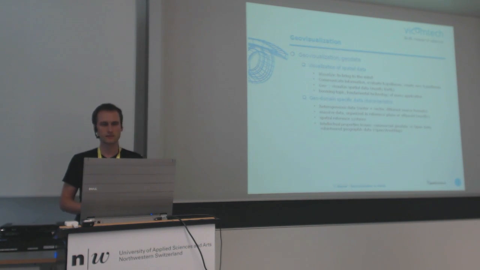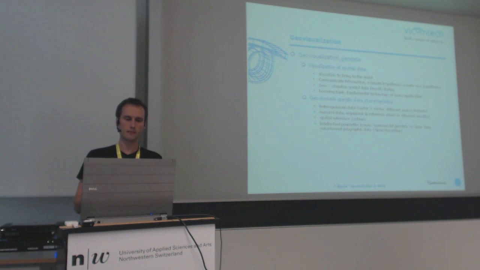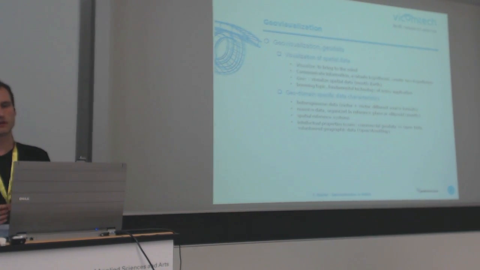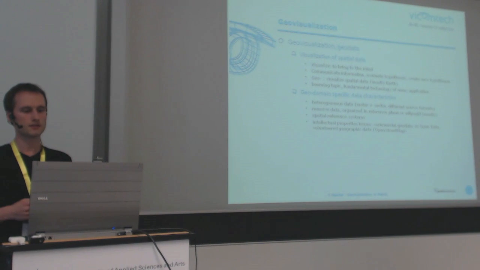So some characteristics of geodata. Geodata is massive. We have already heard some numbers today. It's terabytes or petabytes of data, just because Earth is so big, and to get a high resolution of the data, we have really high demands on data storage. It's also heterogeneous.